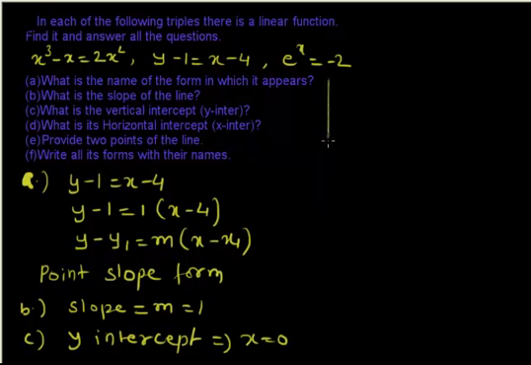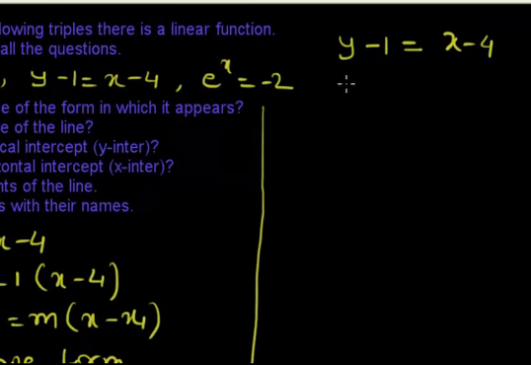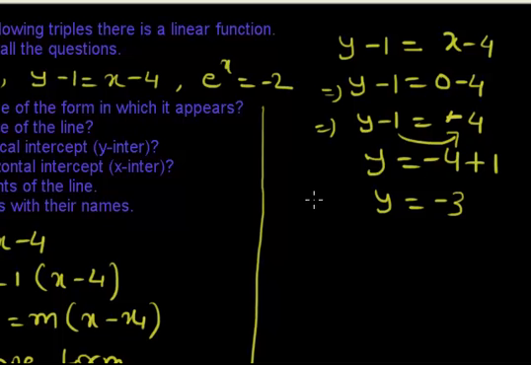So if I want to obtain this value, I have the equation y minus 1 equals x minus 4. I'll put x equals 0. Y minus 1 equals 0 minus 4. So y minus 1 equals minus 4, or y equals minus 4 plus 1. I'm bringing this 1 on the other side. Y equals minus 3. So the value of y-intercept is minus 3.